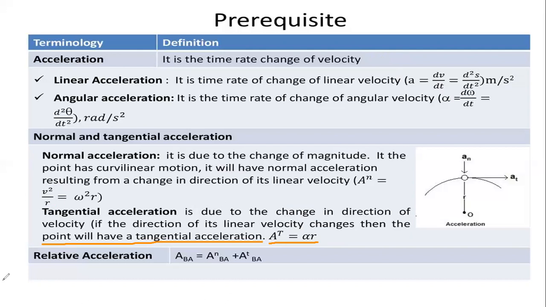Coming to the last one, the relative acceleration. The relative acceleration a_BA is equal to the normal acceleration of link BA plus the tangential acceleration of link BA.